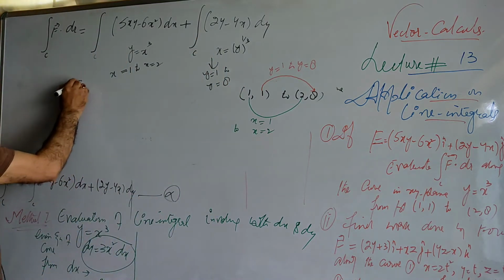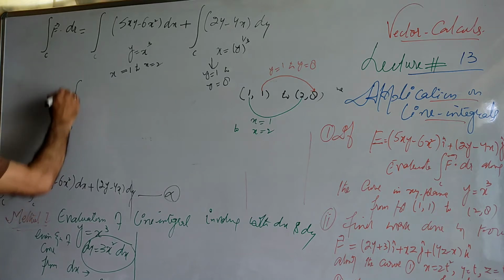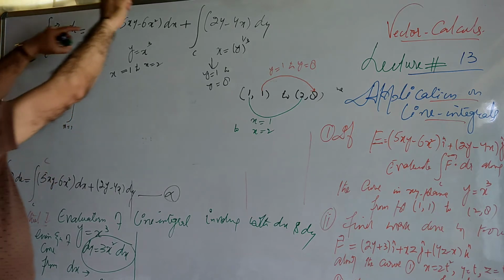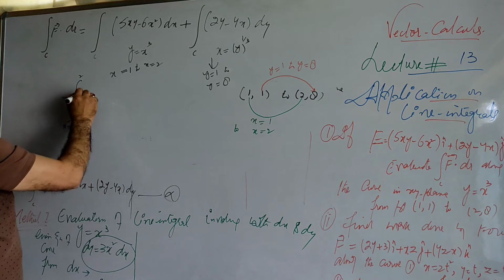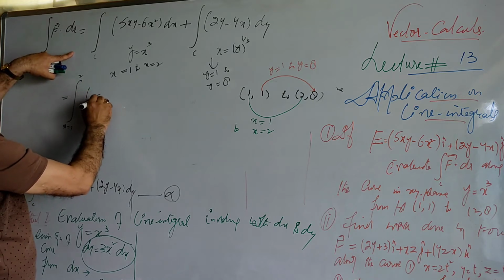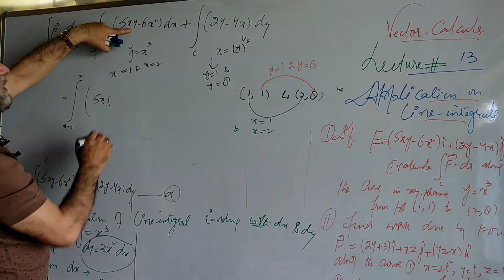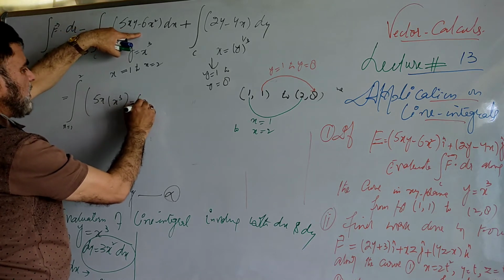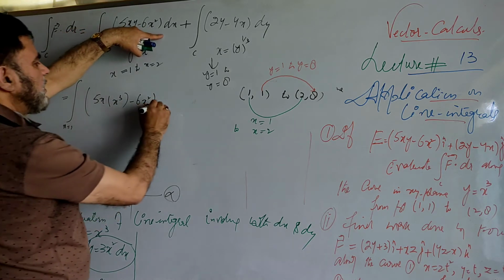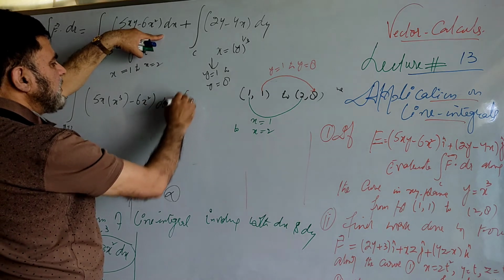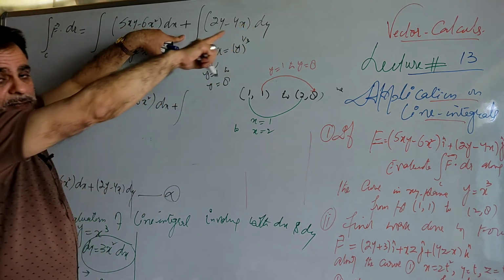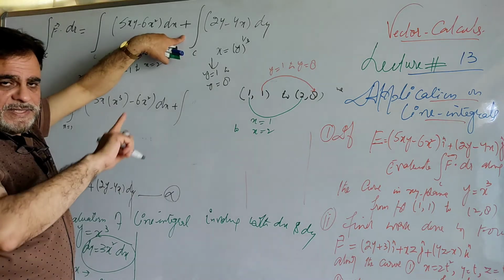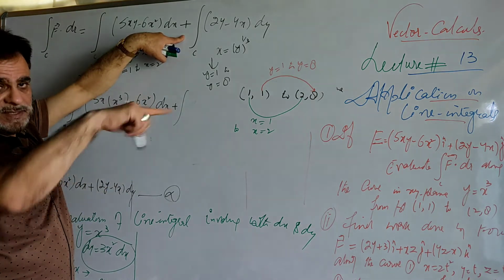My line integral becomes x going from 1 to 2, because I am evaluating this in terms of dx only. So this is 5x. From the equation of the curve, I am replacing y by x cube. This is minus 6x square. I will not disturb this. This is now your dx. Now the second integral, you want to evaluate in terms of dy only, which means I have to replace the value of x in terms of y.